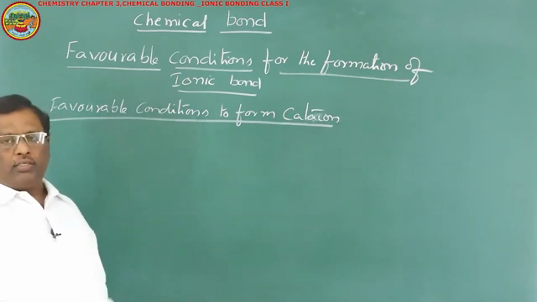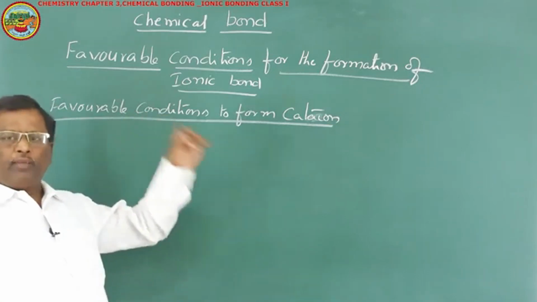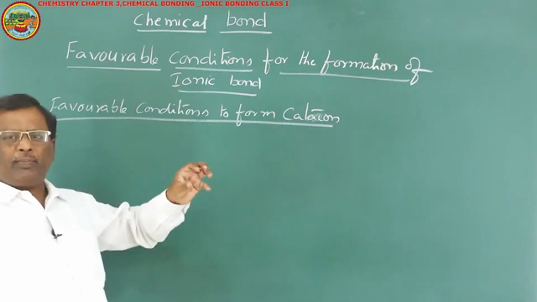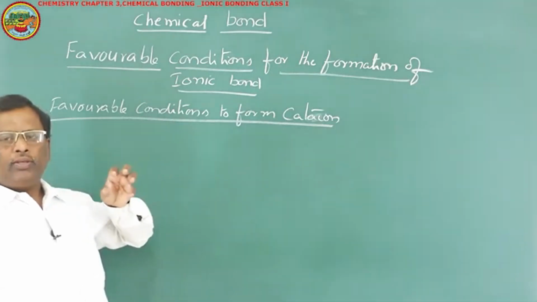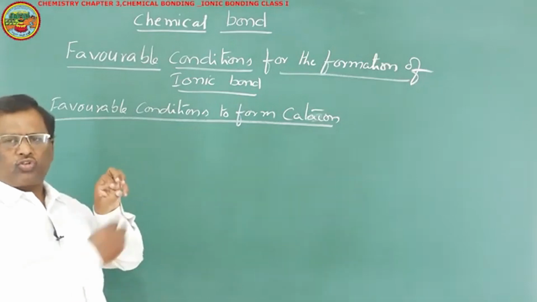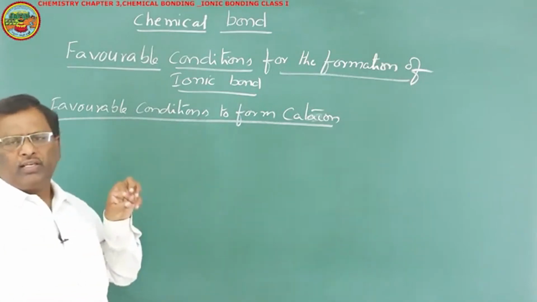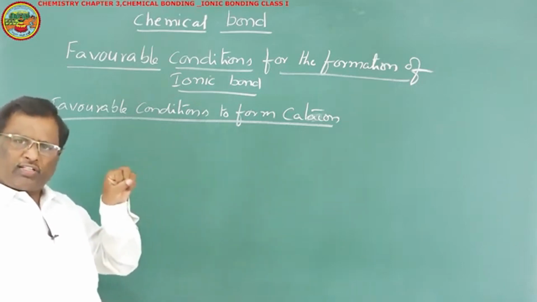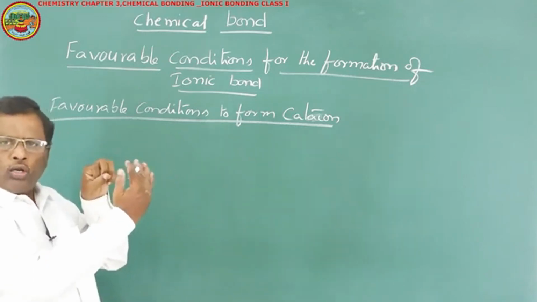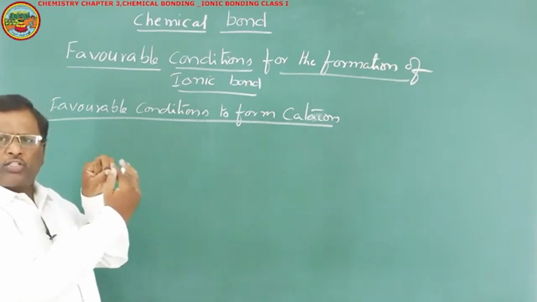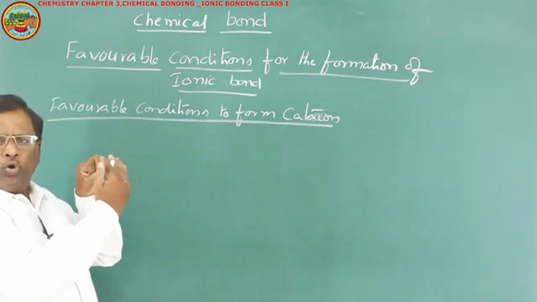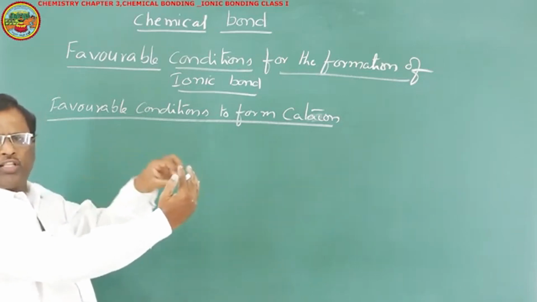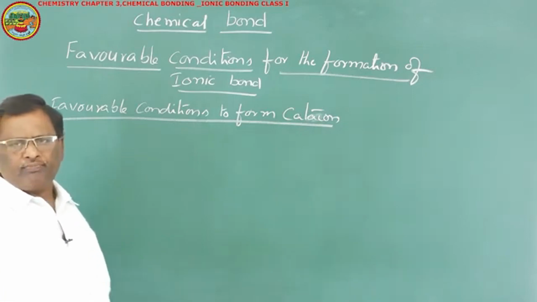The nucleus attracts all the electrons present in its atom, but this nuclear attractive force is more on the electrons which are closer to it. As we move away from the nucleus, nuclear attraction over the lost electron decreases.